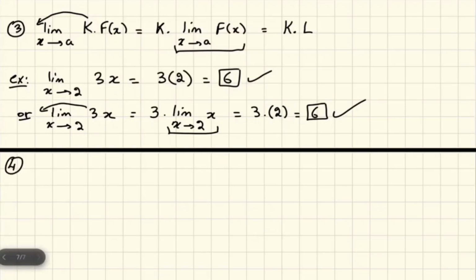Property number 4. Limit as x approaches a. Now I'm gonna talk about a quotient or fraction. If we have f of x over g of x, and here we need to know that the denominator cannot be 0. Okay?